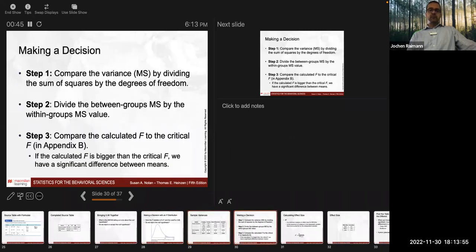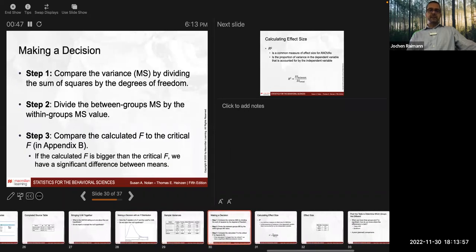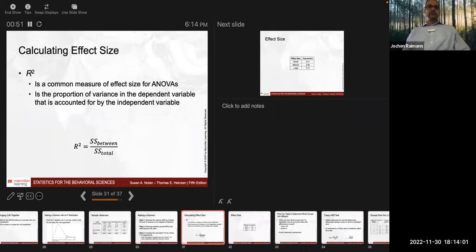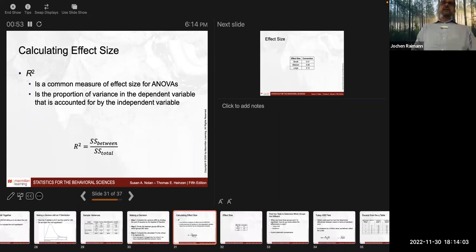Based on that, we would go in the next steps to calculate the R squared, which is essentially considered to be the proportion of the sum of squares between as a fraction of the sum of squares total.